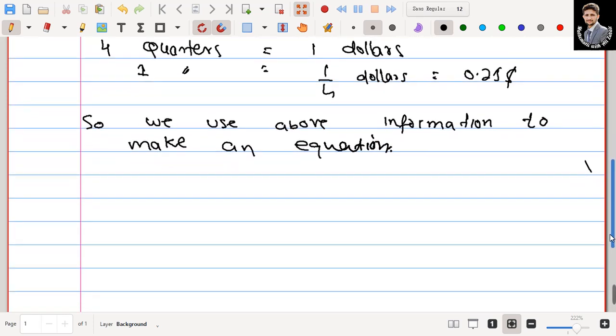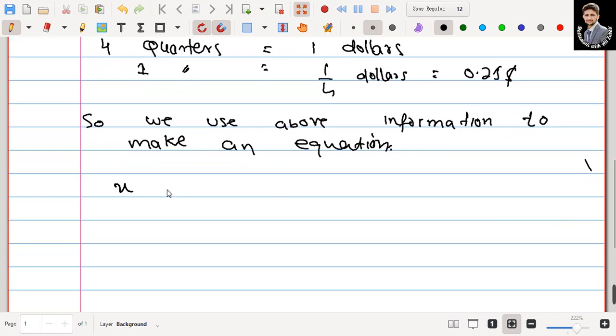The equation is x, that is my number of dollars, plus 0.1, that is my 1 dime, multiplied by 5x, that is the total number of dimes as given in the question, plus 0.25 for a quarter, multiplied by the total number of quarters, x plus 3.